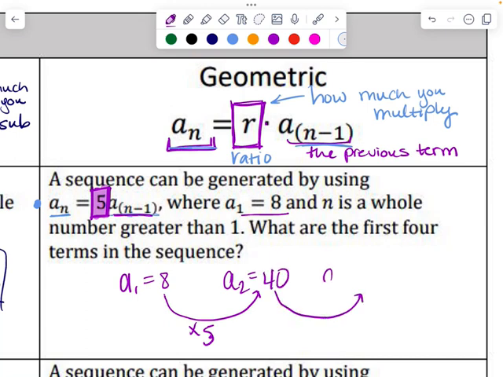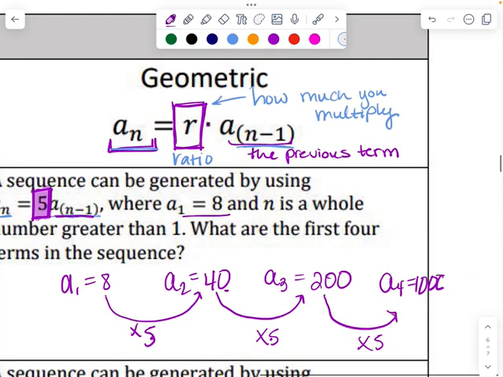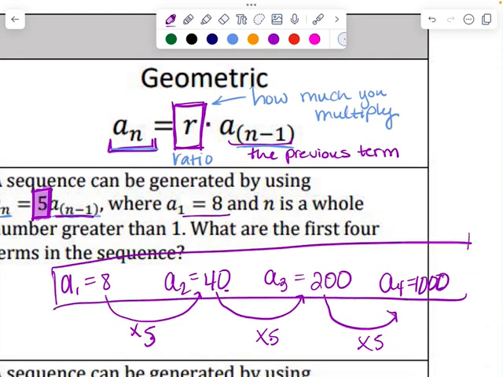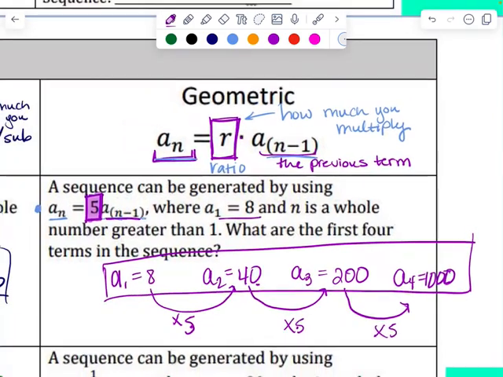Then to get a3, I do 40 times 5 equals 200. Then 200 times 5 will give me a4, so 1,000. So I can get my first 4 terms using the geometric sequence.